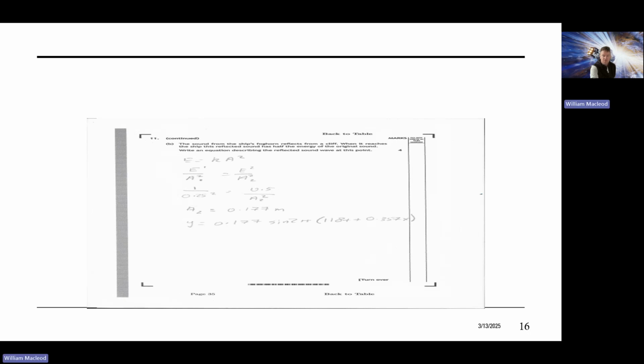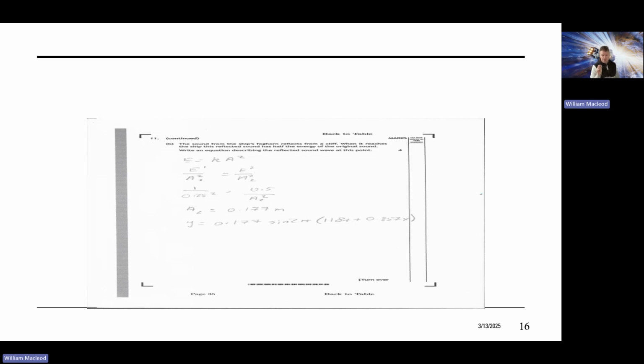Okay, the sound from the ship's foghorn reflects from a cliff. When it reaches the ship, this reflected sound has half the energy of the original sound. Write the equation describing the reflected sound wave at this point.